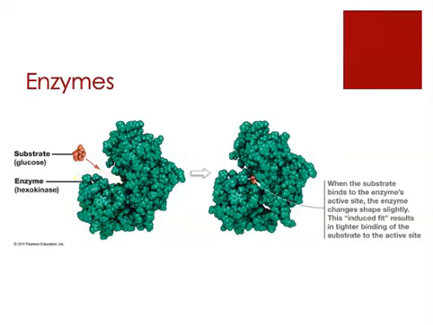Proteins tend to be enormous molecules, relatively speaking. Most biological proteins contain hundreds or even thousands of amino acids. So when those amino acids interact with each other and that protein folds up, you get all kinds of different shapes. And the shape is what determines the function of that protein.